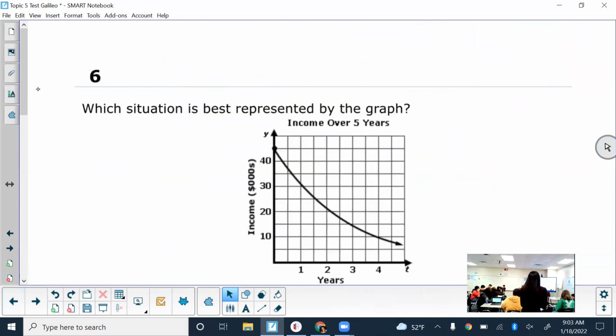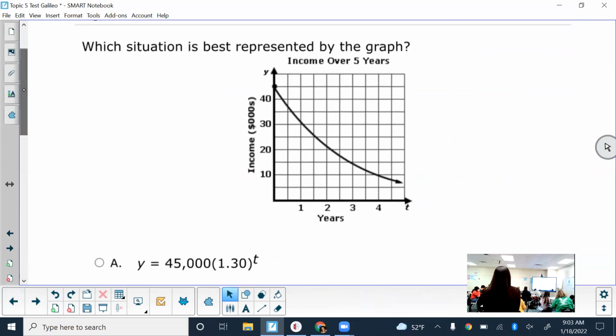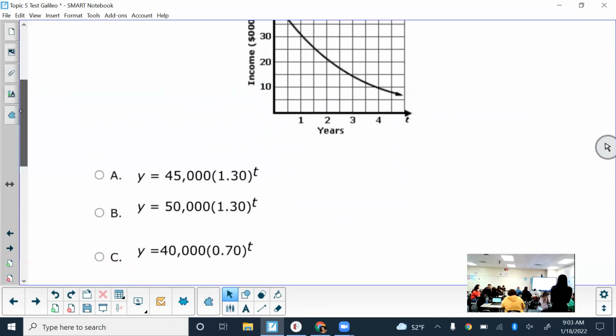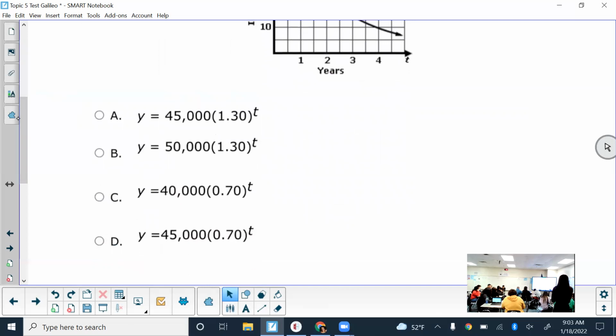All right, so which situation is best represented by the graph? So again, on your test, you'll have to make the graph yourself, so you'll just have to be able to work backwards. But on this one, they give you the graph and then they give you some answer options. And notice what formula they look like. Does it look like a formula that I provide you? Yes.